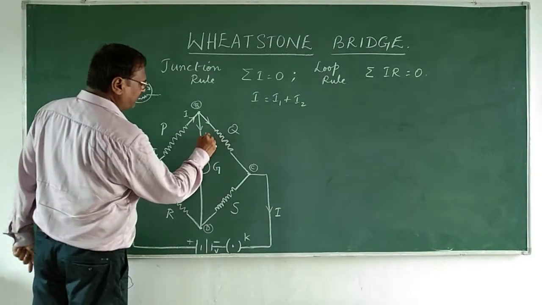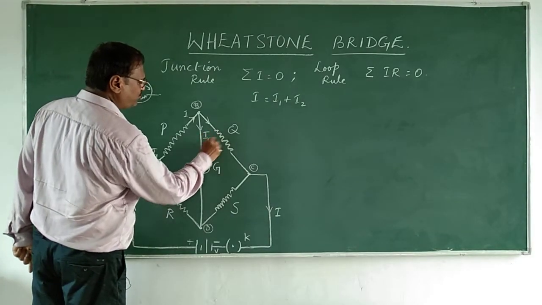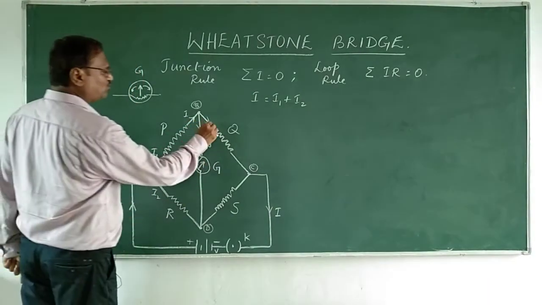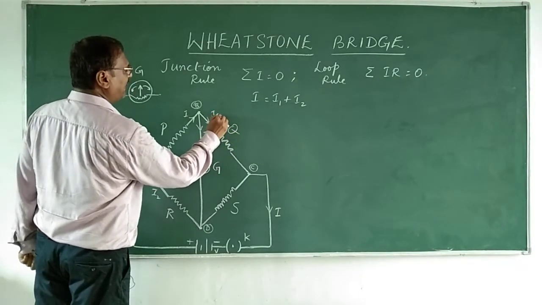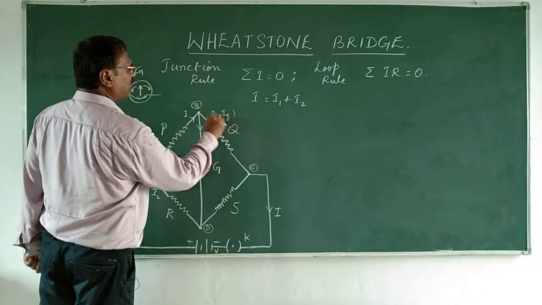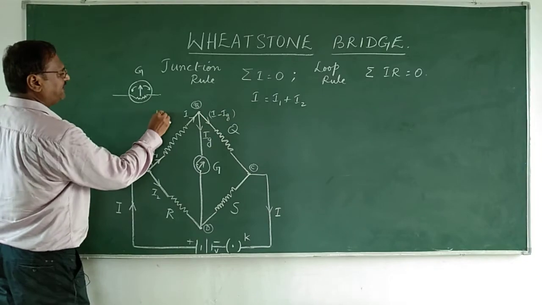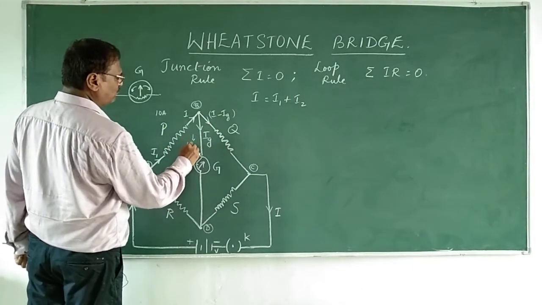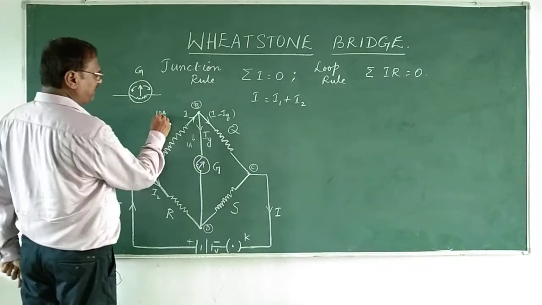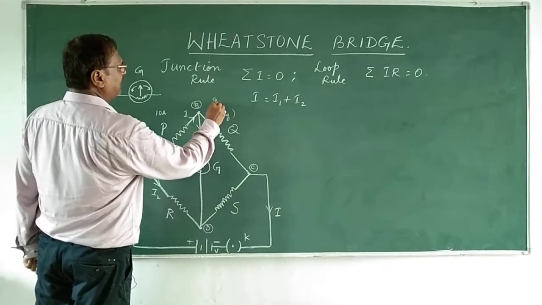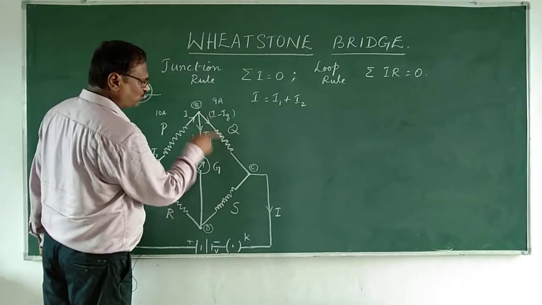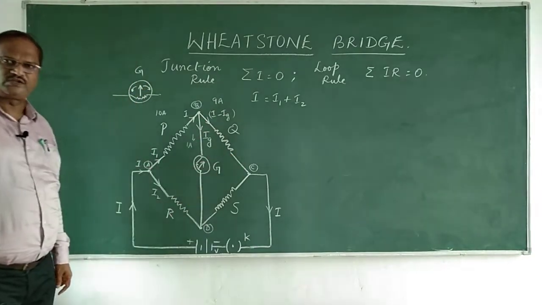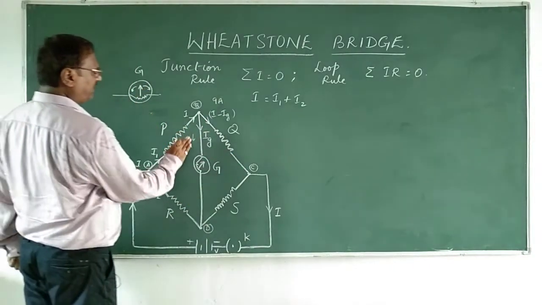Through the galvanometer, let us call the current Ig, and through Q it will be I1 minus Ig. Suppose I take 10 ampere current coming, and through this 1 ampere is going, then 10 minus 1, that is 9 ampere, will pass through the resistance Q. Just an example for you, right?